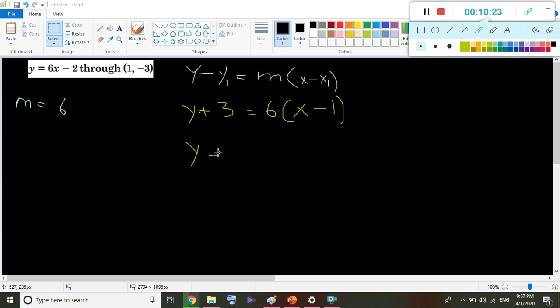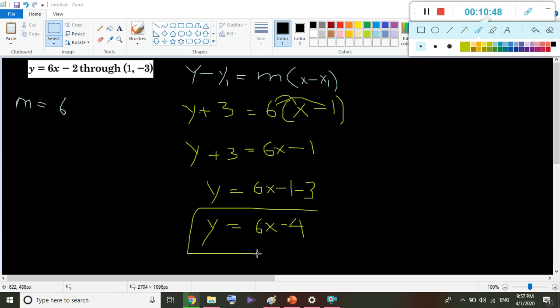So y plus 3, we're going to first of all distribute the 6 here and here. It's going to be 6x minus 1. Then we're going to move the 3 over there, which is going to be 6x minus 1 minus 3. y equals 6x minus 4. This is in the form of y equals mx plus b.